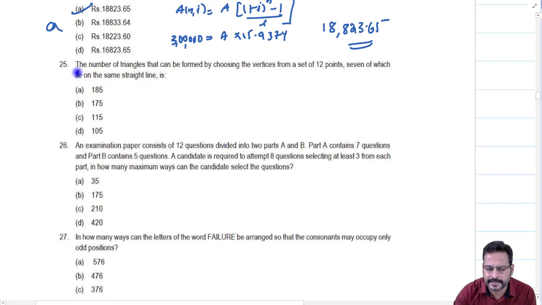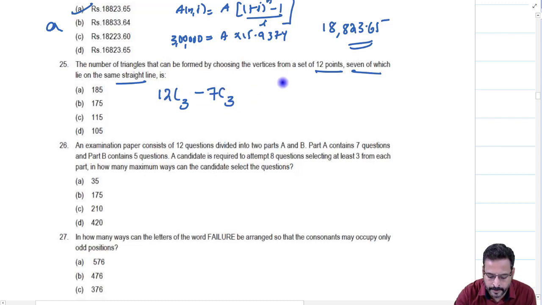Then the number of triangles that can be formed by choosing vertices of a set of 12 points, 7 of which lie in the same straight line. Okay. So for constructing a triangle, we need 3 points. Out of 12 points, a combination of 3 can be written as 12C3, but out of 12, 7 of them are collinear. So we have to subtract the combination of 3 from those 7 points.